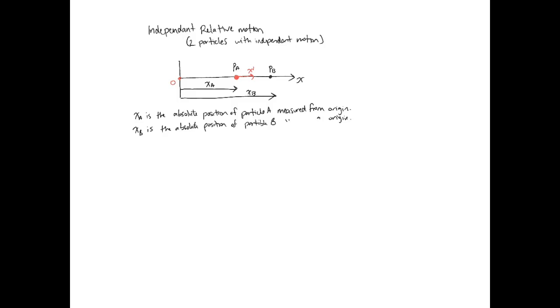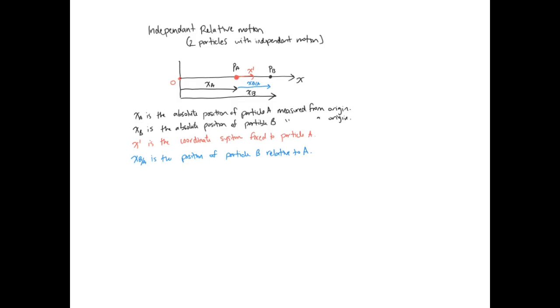So x prime is the coordinate system fixed to particle A. Now we can actually define a position of particle B relative to particle A. I'll use blue, this distance here would be the position of particle B relative to A. So xb relative to A is the position of particle B relative to A.